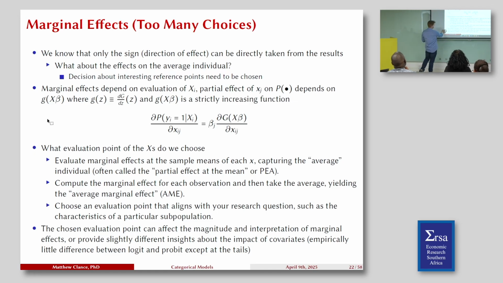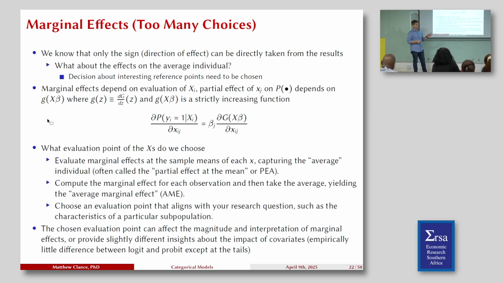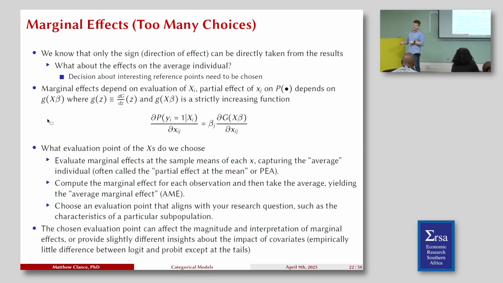Okay? So your chosen evaluation point will affect the magnitude and interpretation of the marginal effects. Each little change in which evaluation point you're choosing is going to give you different insights on the impact of that covariate. If I'm looking at the old data that we were just looking at, and I'm comparing people with kids versus people without kids, I'm going to get two different probabilities, right?